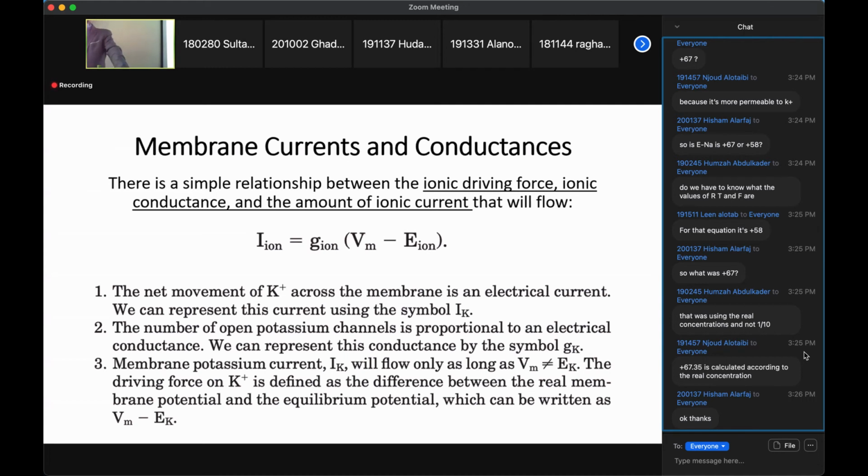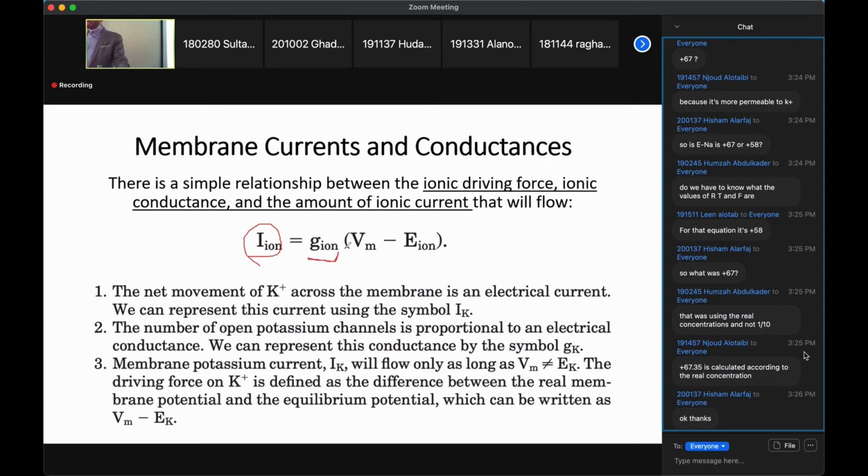So this is the current for the specific ion of interest. Conductance, we said, is how easy it is for the ions to move, or the electrons. And in this case, it will be represented by opening of the channels, okay? If the channels are open, then this means that there is high conductance for this specific ion, okay?